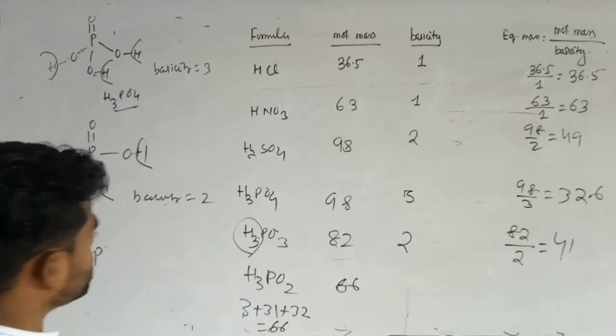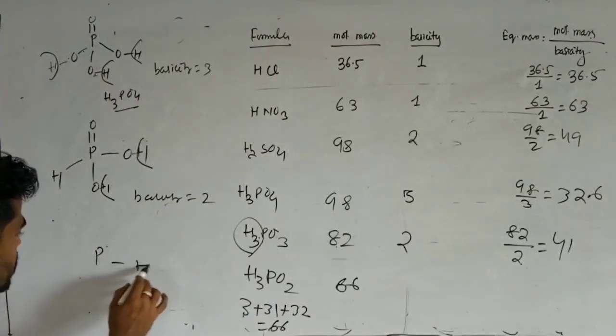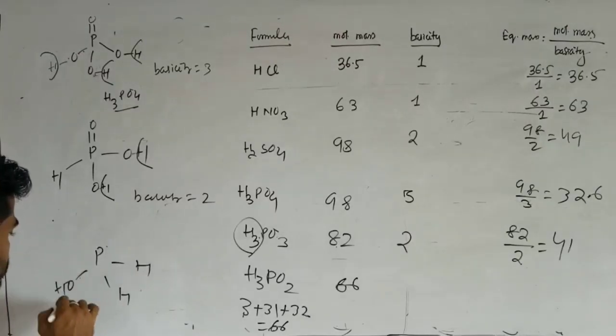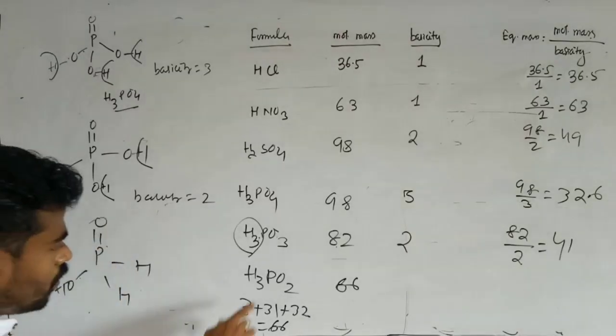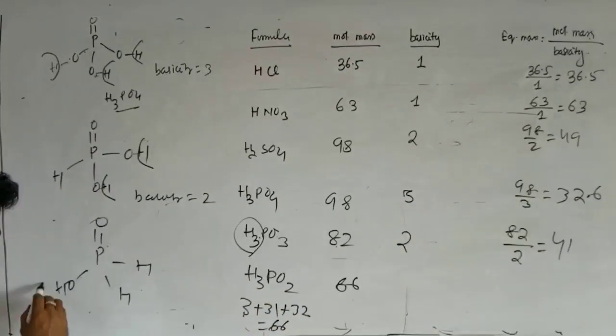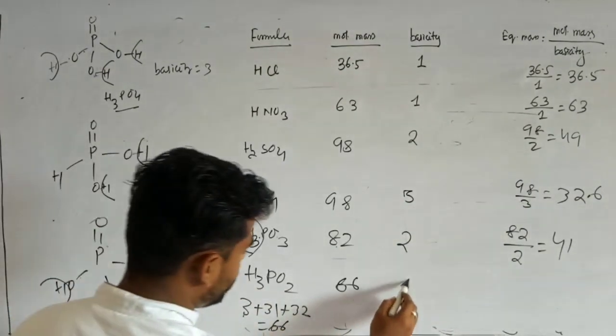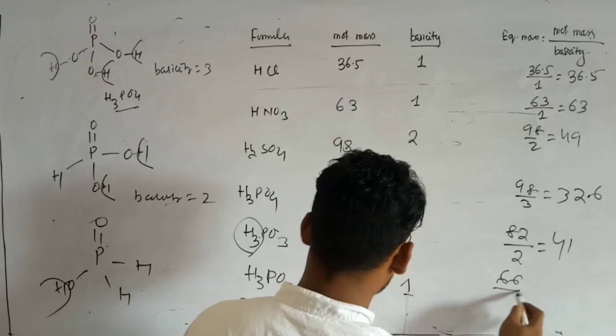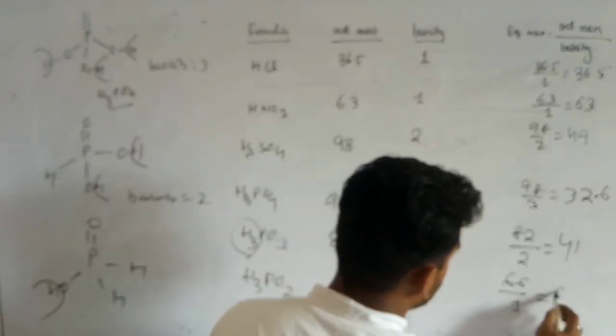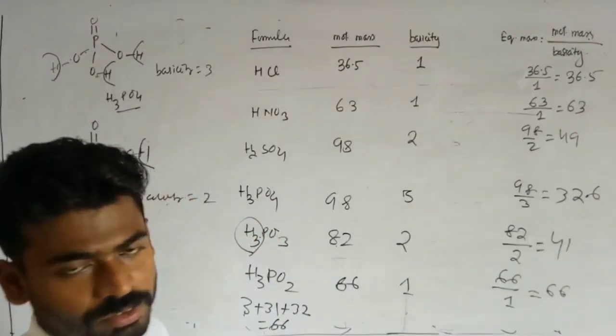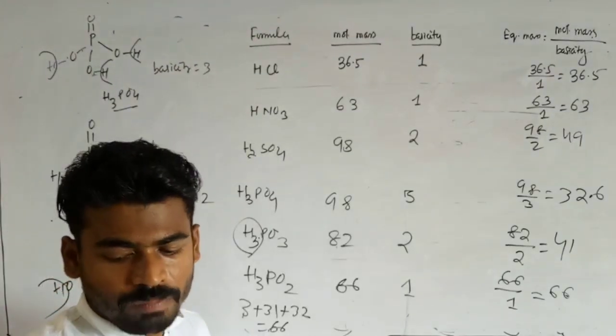Now see what will be its basicity. This is the structure of H3PO2, and how many OH groups? Only one. So basicity will be 1. So the equivalent mass will be 66 divided by 1, that is equal to 66. Very simple. You can calculate the equivalent mass of acid.